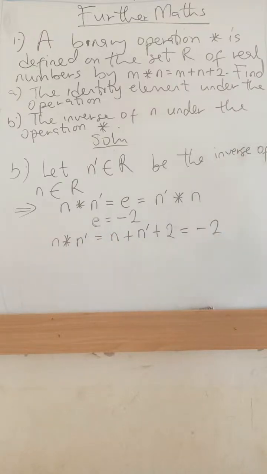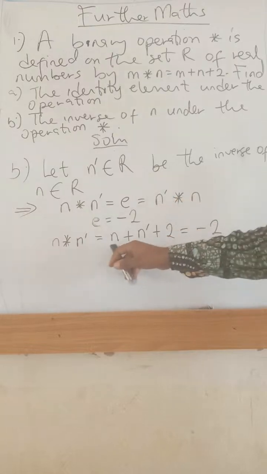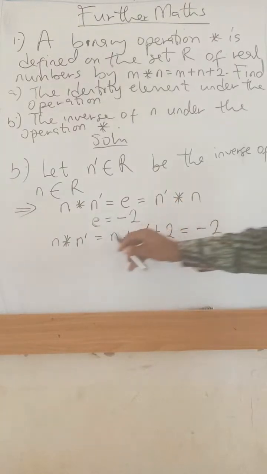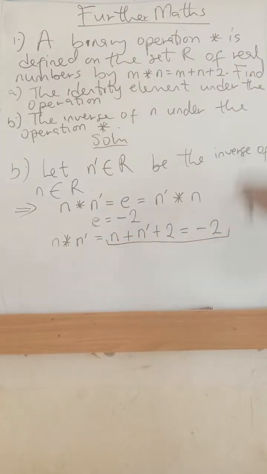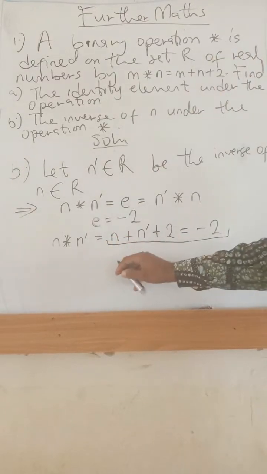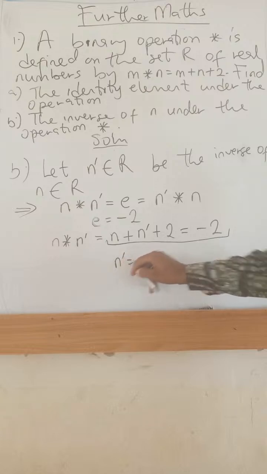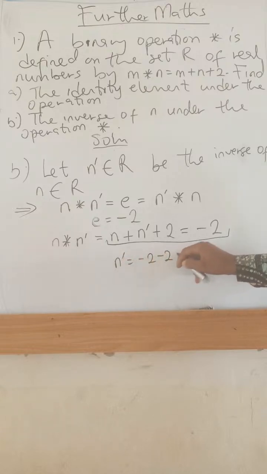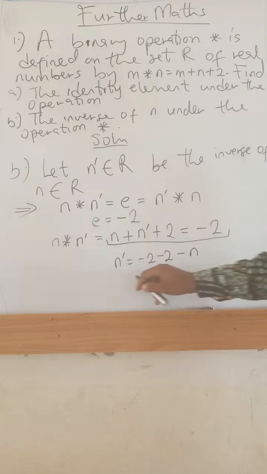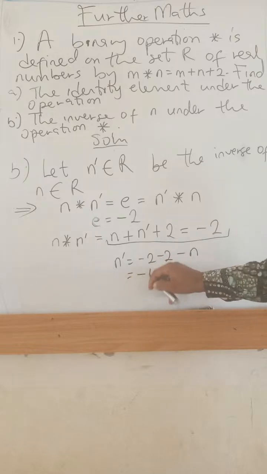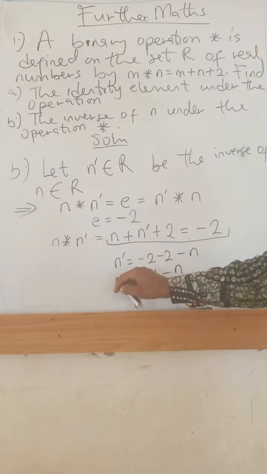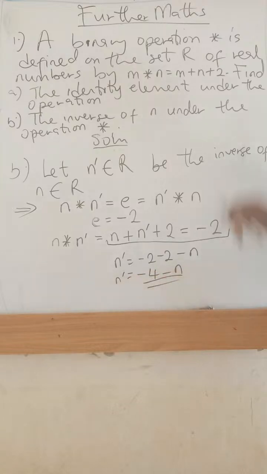And remember I said it's commutative. If we're taking this part, it will still give us the same thing. So let's uphold this part and solve. You're going to see that n prime is going to be -2 minus 2 minus n. -2 minus 2 is -4 minus n. That is the inverse of n. The inverse of n has been gotten.